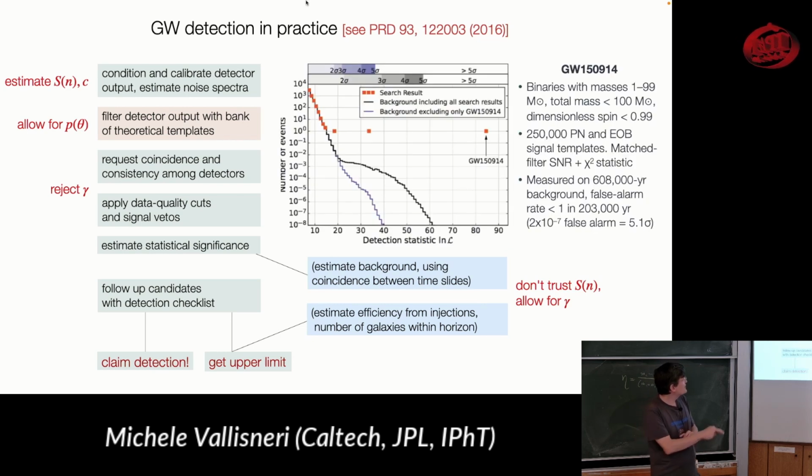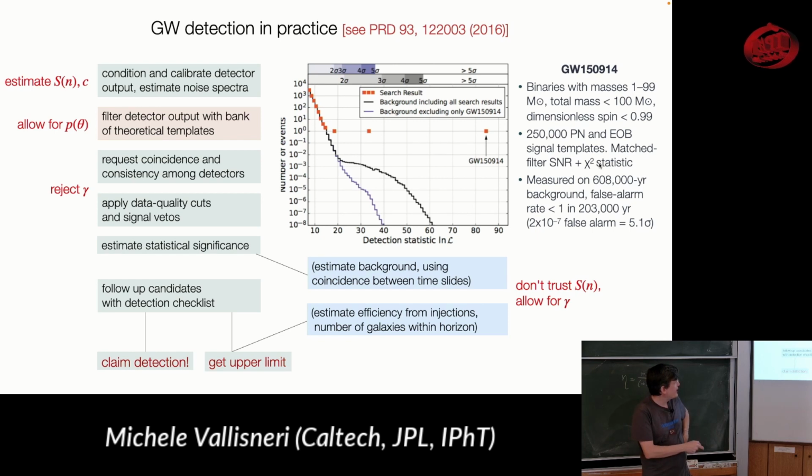So that's what this looked like, again, for the first detection. The search was over binaries with masses below 100 solar masses. It used 250,000 templates, so different parameter shapes. It augmented this matched filter SNR with a chi-square, meaning it's a way of doing a veto from the signal by seeing that every frequency component contributes as it should.